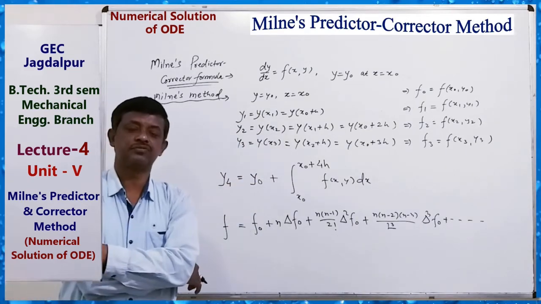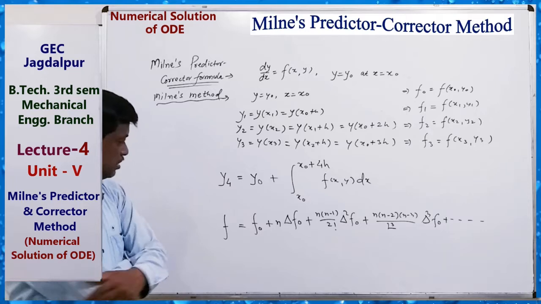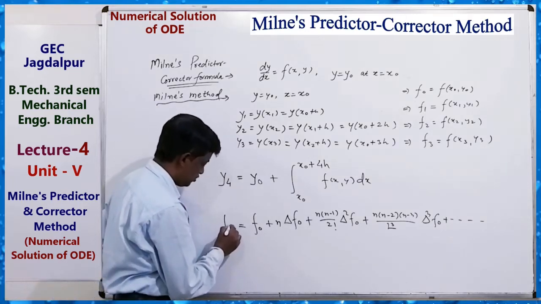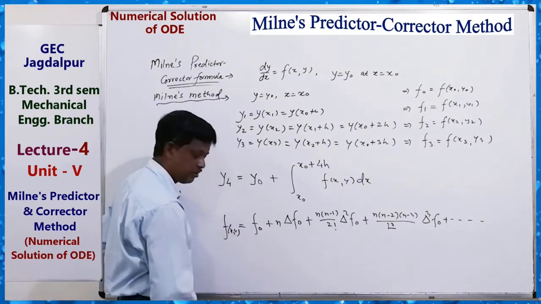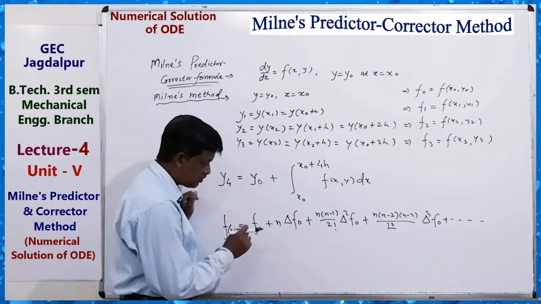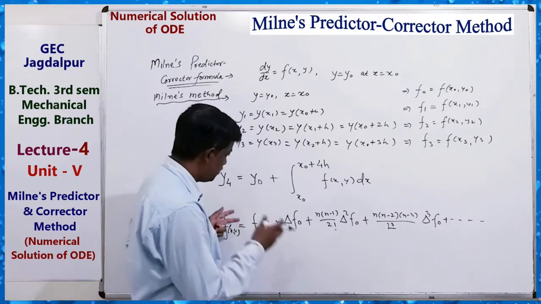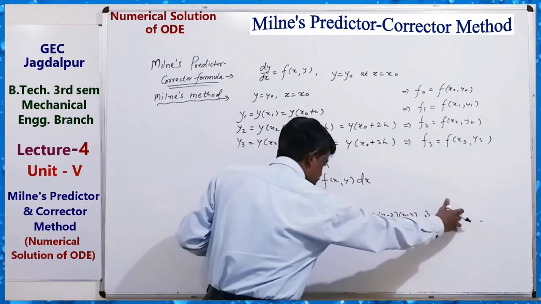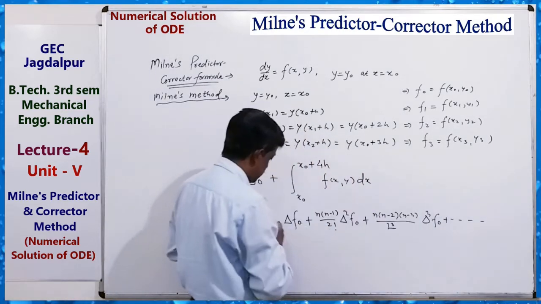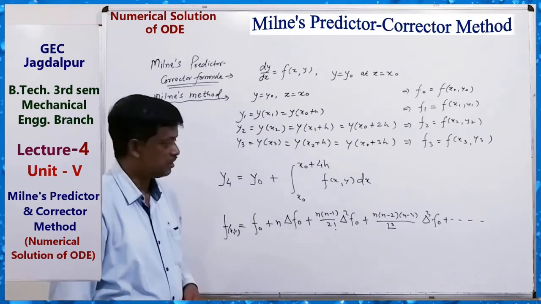This is Newton's forward interpolation formula for f(x,y), and it can be used here. Put this here, distribute and integrate.